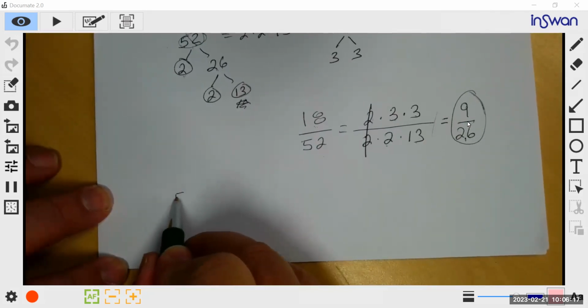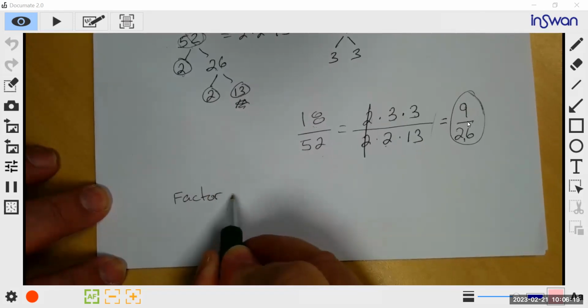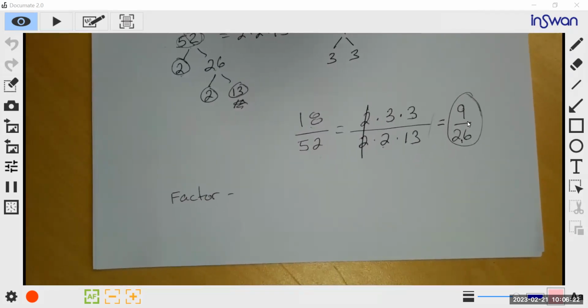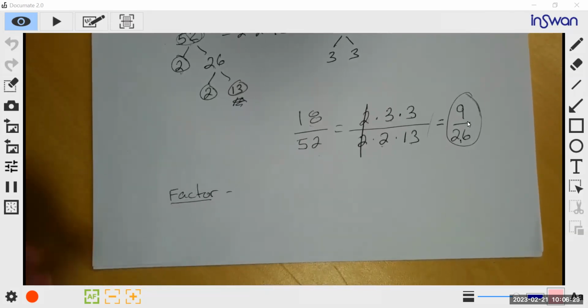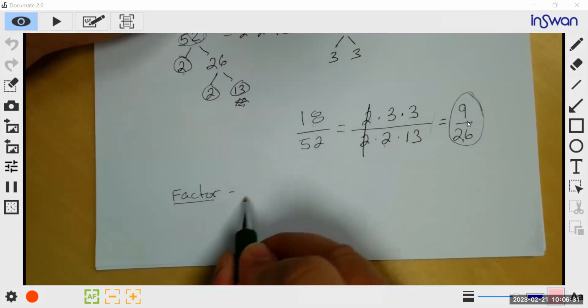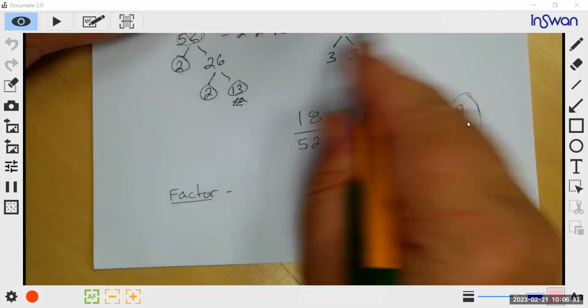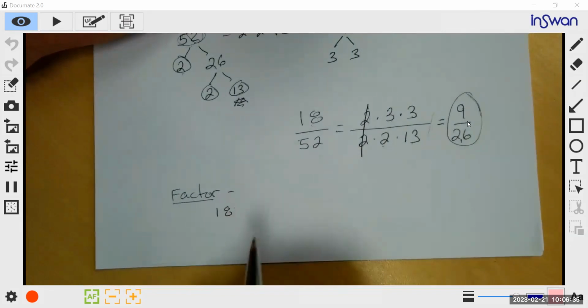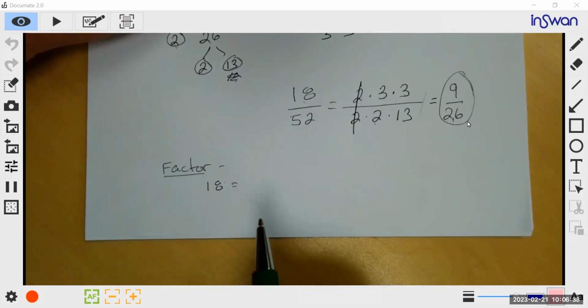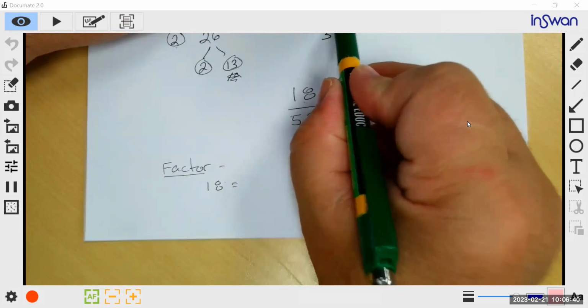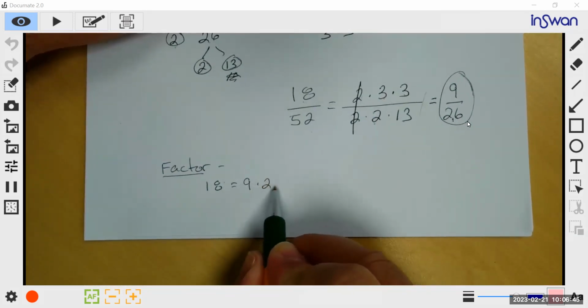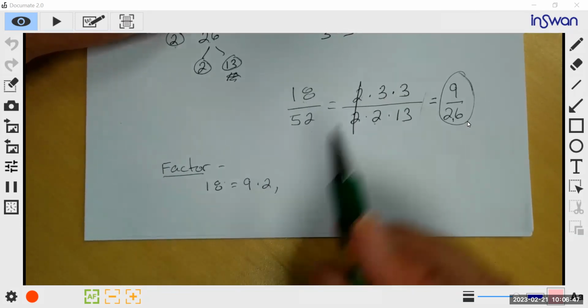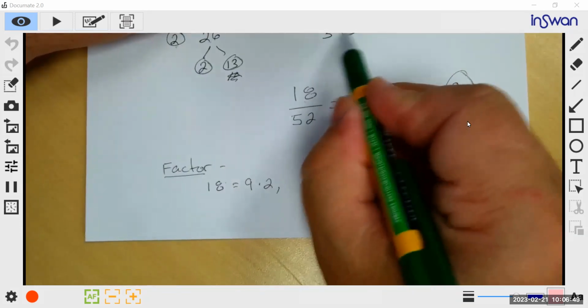Now, when you factor a number, for example, let's look at 18. What is 18 made up of? It's made up of 9 times 2. 6 times 3.